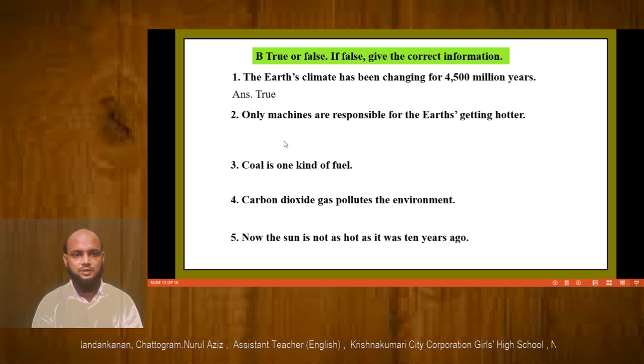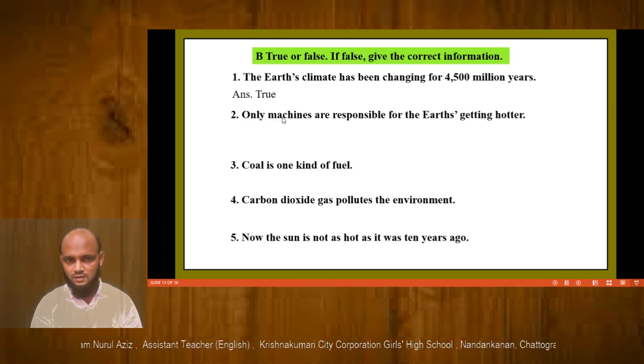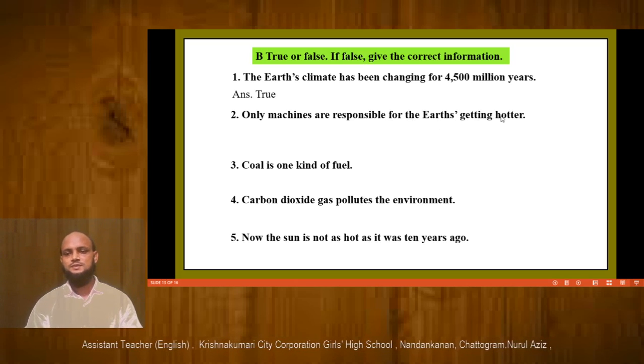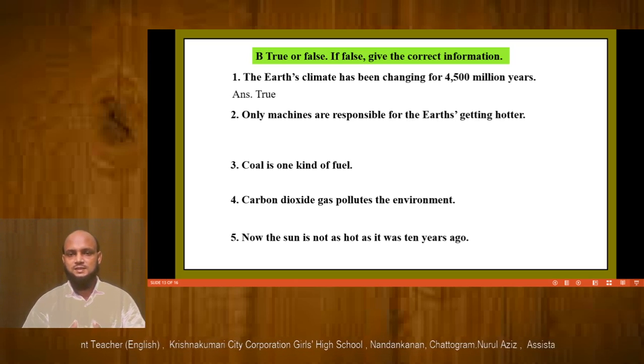In question number 2, please read this carefully: only machines are responsible for the earth getting hotter. Is it only the machines that are polluting the environment, making it hotter?